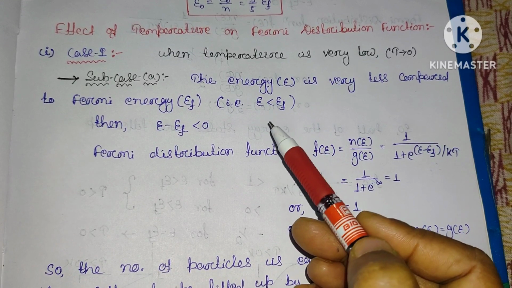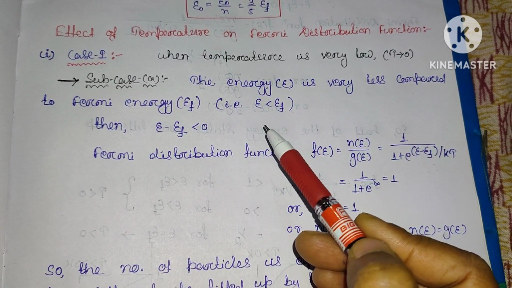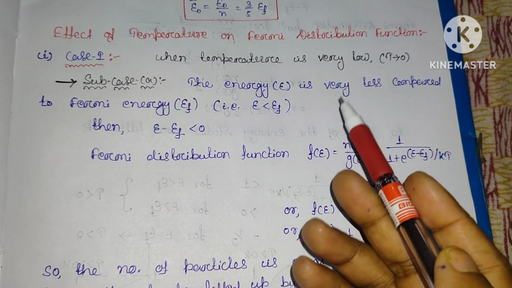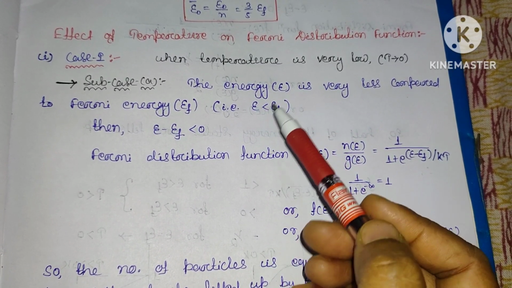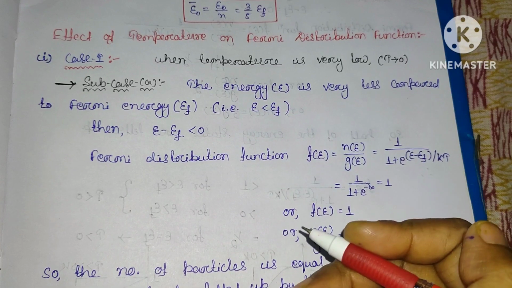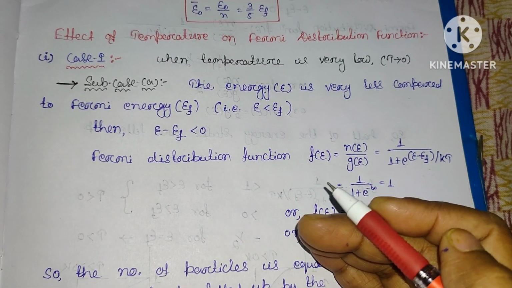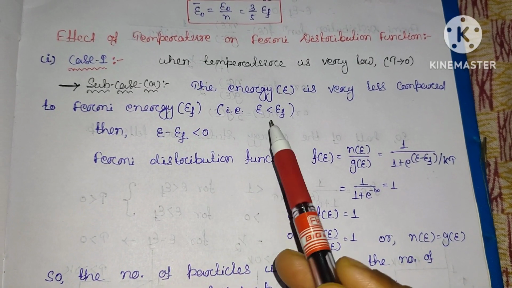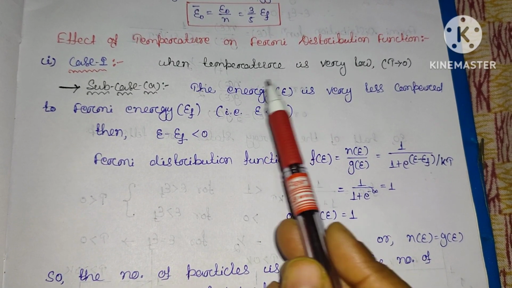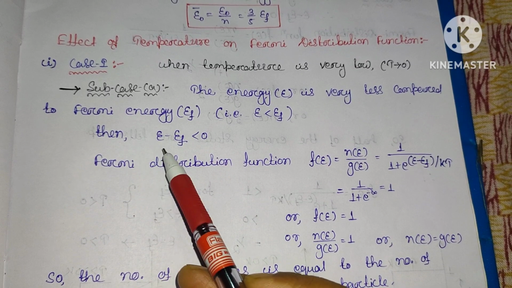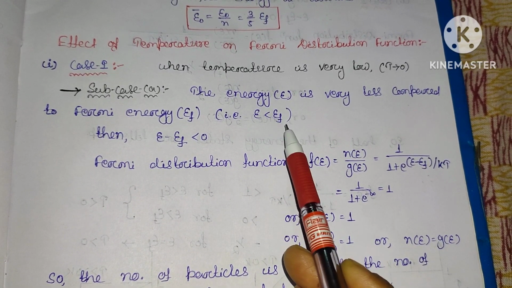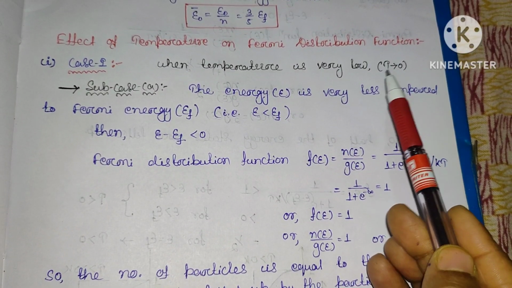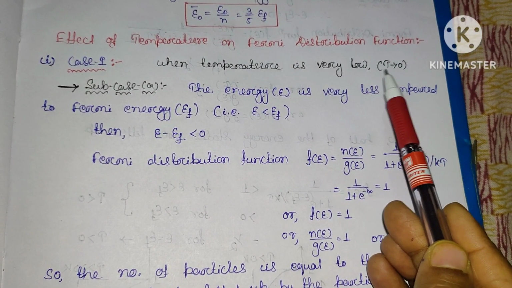It means that above the Fermi energy, all other energy levels are empty, and the rest of the levels up to the Fermi energy level are completely filled. Clear? So in this case, we are considering that this energy is very less compared to the Fermi energy. Here the temperature is very low, or it tends to 0.